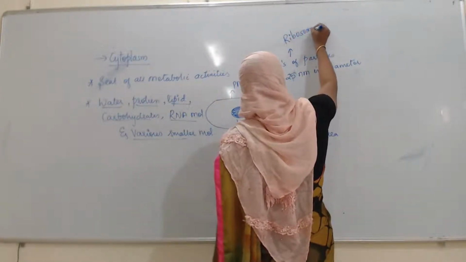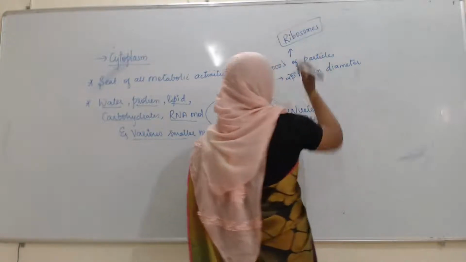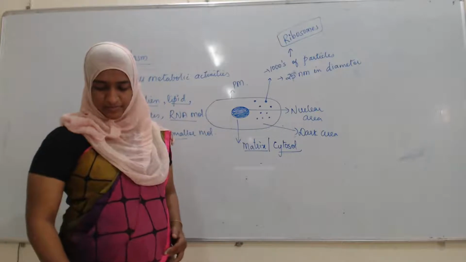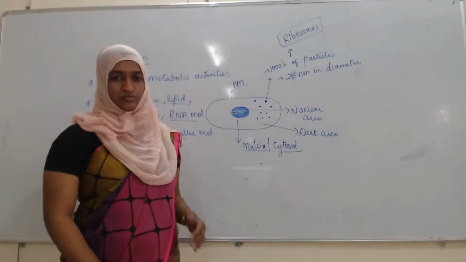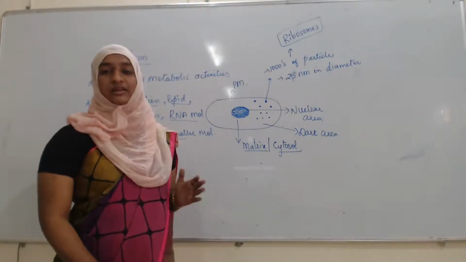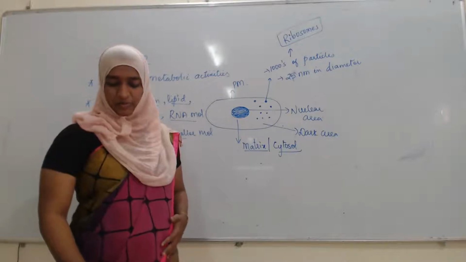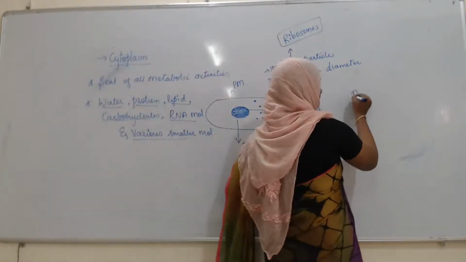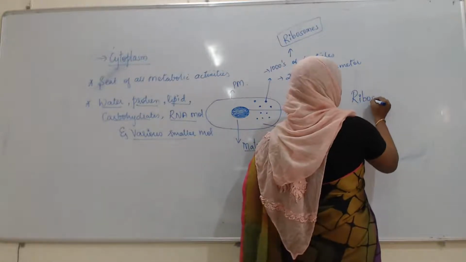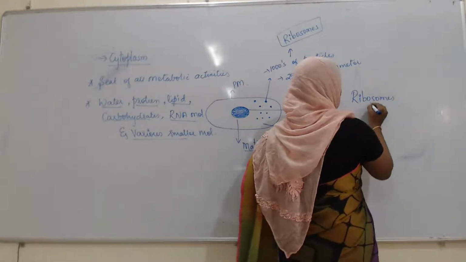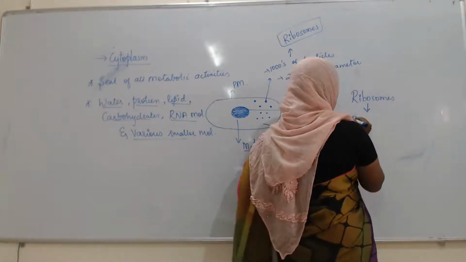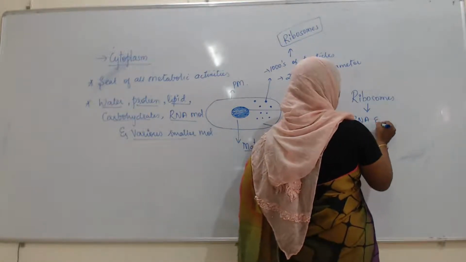Ribosomes are composed of two things: RNA and proteins.